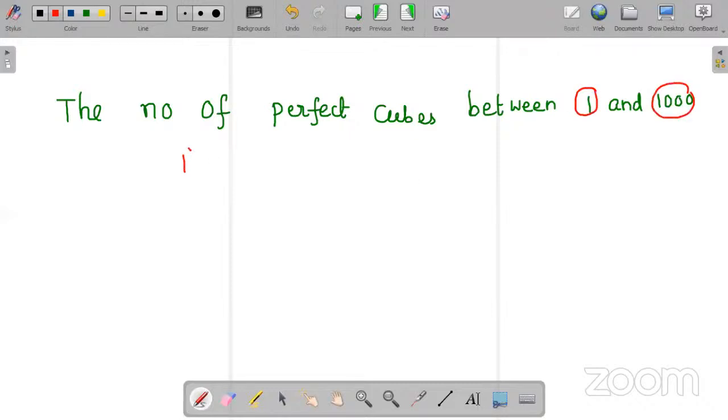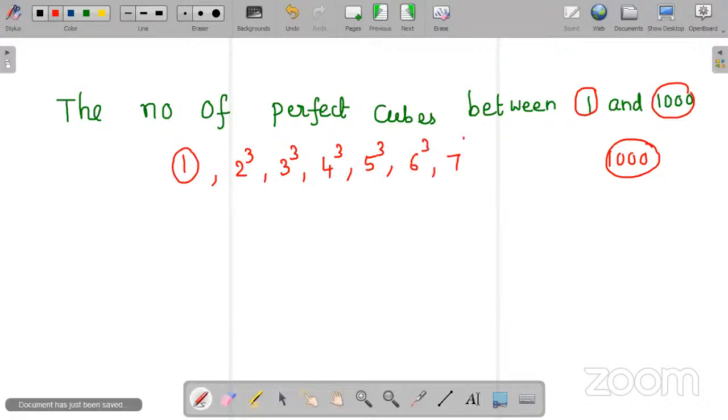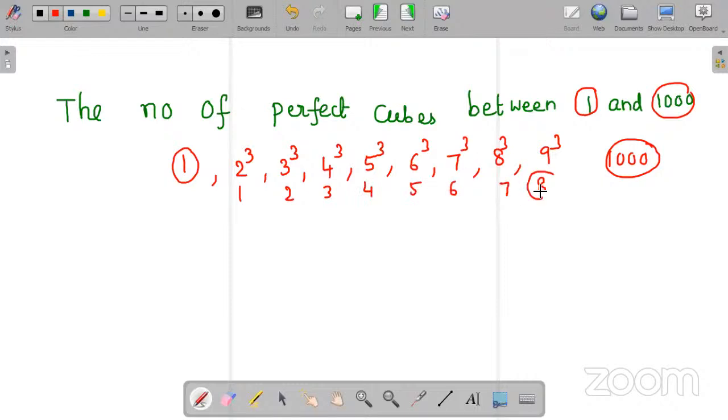So in between 1 and 1000, that is 2 cube, 3 cube, 4 cube, 5 cube, 6 cube, 7 cube, 8 cube, 9 cube. You count them: 1, 2, 3, 4, 5, 6, 7, 8. So there are 8. The number of perfect cubes between 1 and 1000 is 8. The number of perfect cubes from 1 to 1000, including 1 and 1000, is total 10. So that is the difference you need to understand.